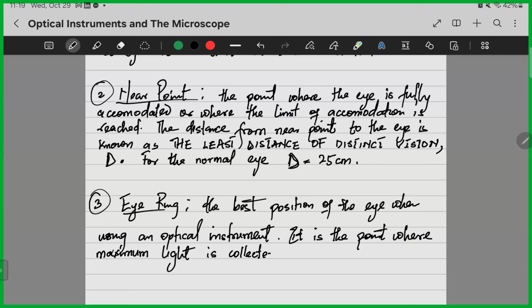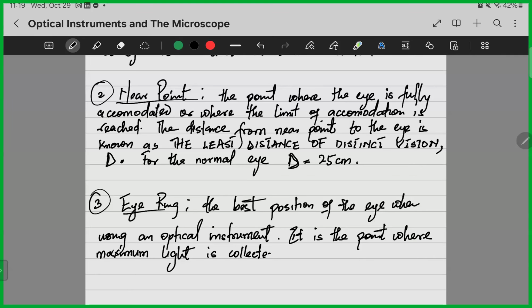And as focal length decreases, power increases. So it's just like opposite things happen to them. That's what it means to be inversely proportional. Take note of that.